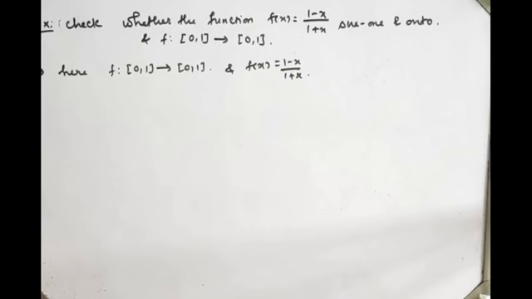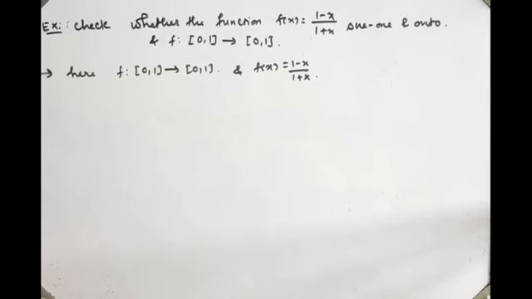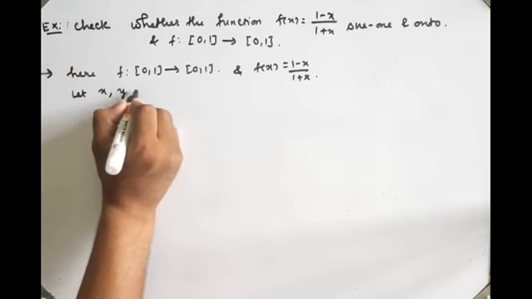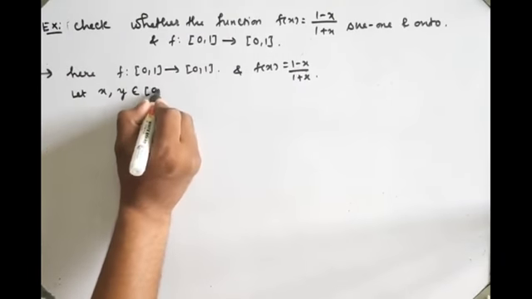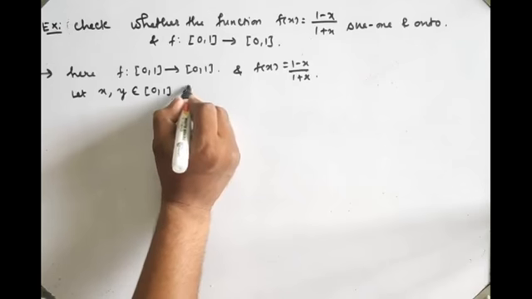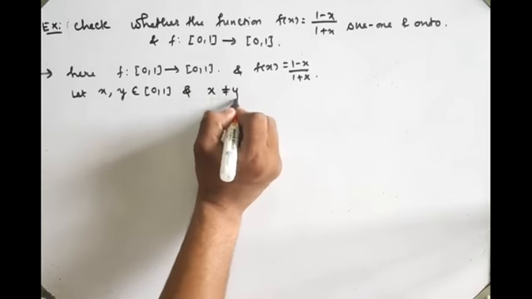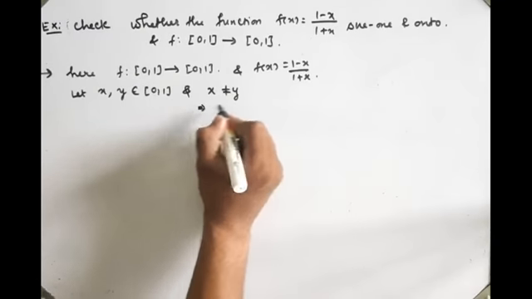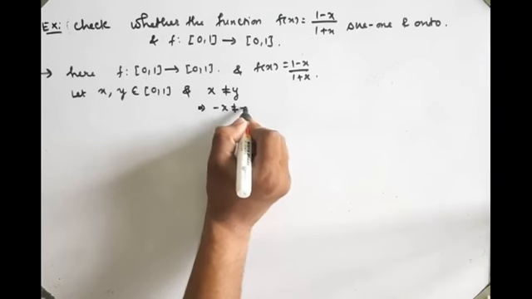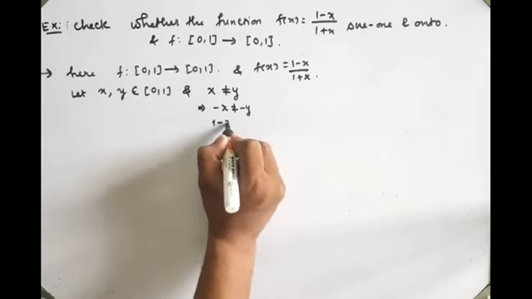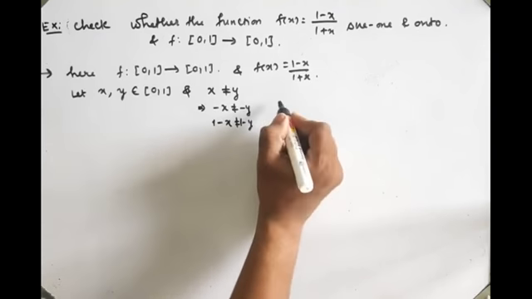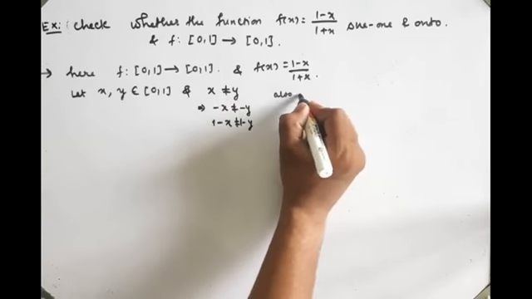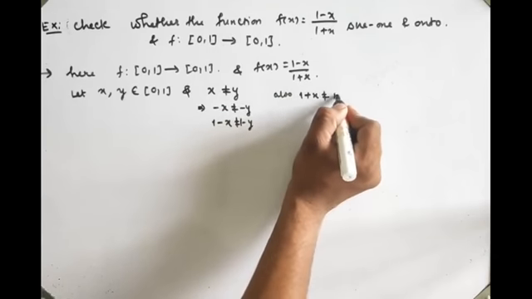Let me take two points x, y belonging to the domain 0 1, and if x is not equal to y, then multiplying by a negative sign, minus x is also not equal to minus y. Adding 1, 1 minus x is not equal to 1 minus y. Also x is not equal to y, so adding 1 on both sides, I get 1 plus x is not equal to 1 plus y.